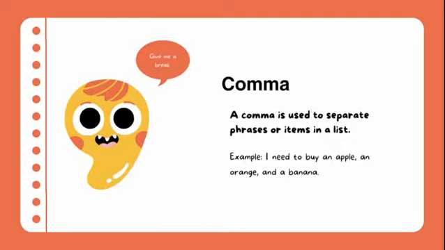You see, when you're making a list, the short pauses that you have in between those items is what we call the comma. Now, I need to buy an apple, comma, an orange, comma, and a banana, full stop. You see, full stop is always there to show that the list has ended and that you have come to the end of the statement. So note it's very important.